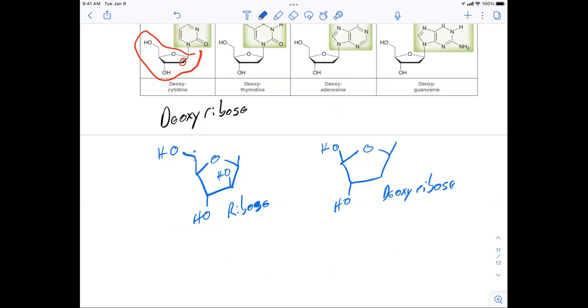Now, why that's important is it turns out that without that extra OH on there, the deoxy is more stable.